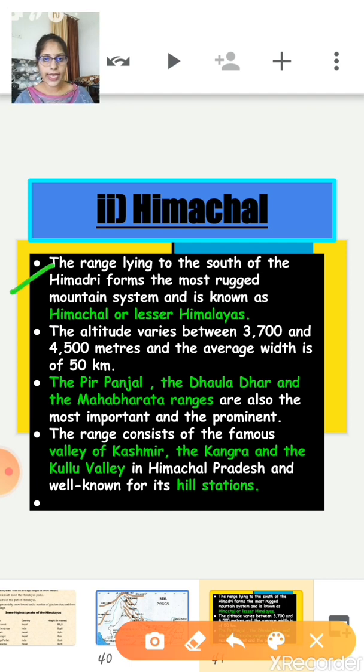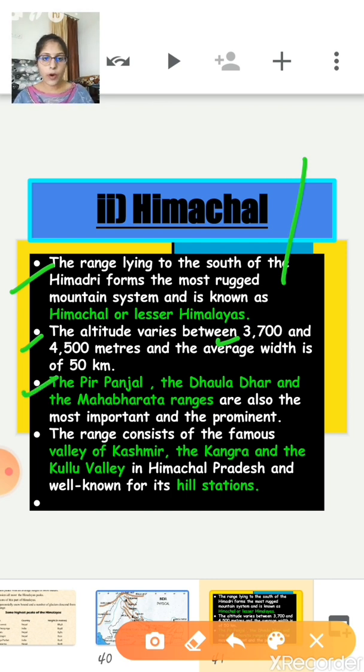The range lying to the south of the Himadri forms the most rugged mountain system and is also known as the Himachal or the Lesser Himalaya. If we talk about the altitude, that means the height, it varies between 3,700 and 4,500 meters, and the average width is 50 kilometer.